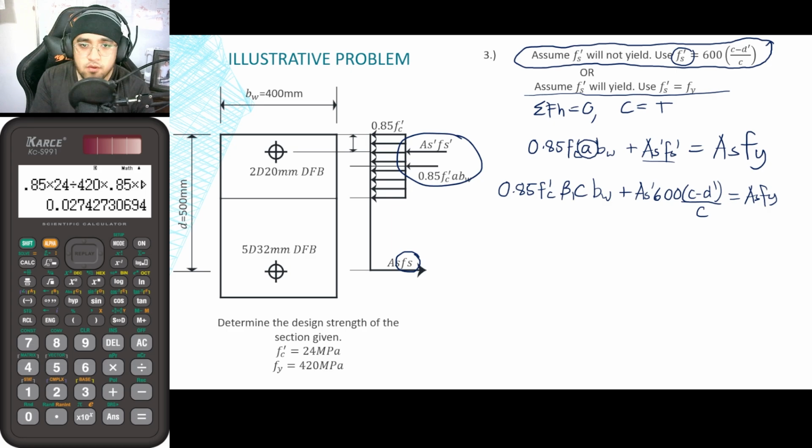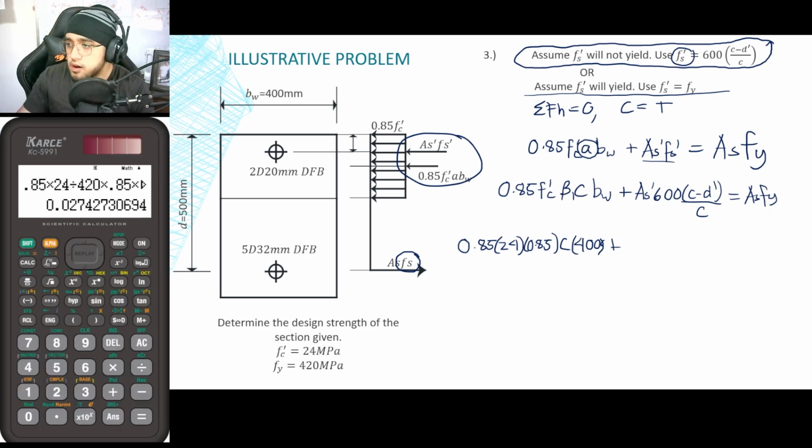So substituting known values, 0.85 times f'c of 24 times beta 1 of 0.85 times c times b of 400 plus As prime. Let me just compute As prime here.